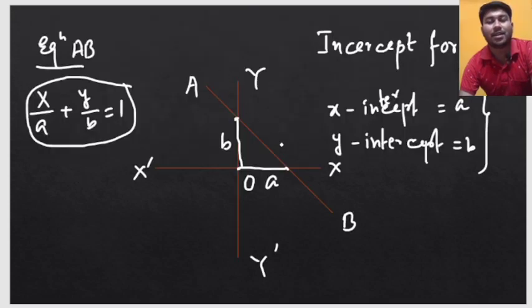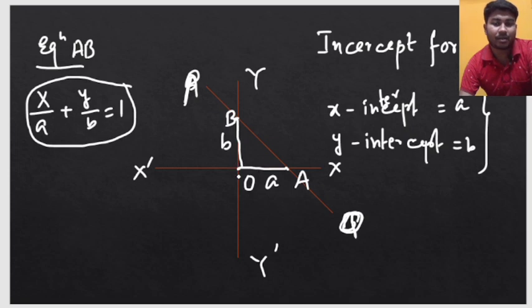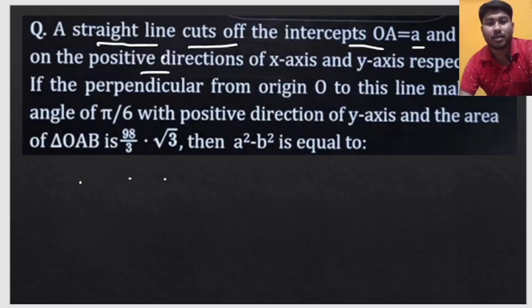Suppose the point is A, so this OA is A units, and suppose you take B here, so this length is B. Suppose we change the name of the line, the line is PQ; any line can be there. The cut-off portions OA and OB have lengths A and B, and these are the intercepts that are given. The first portion is telling that.